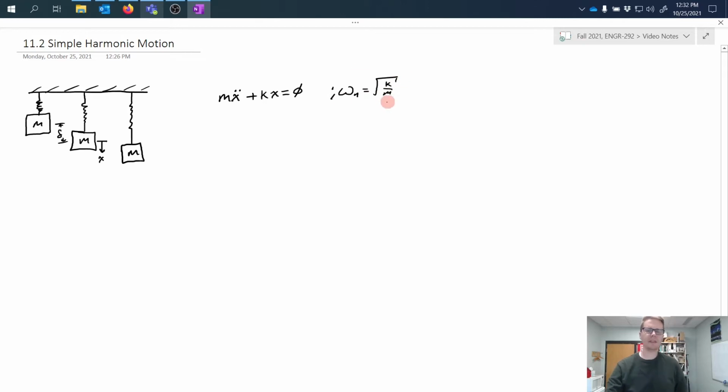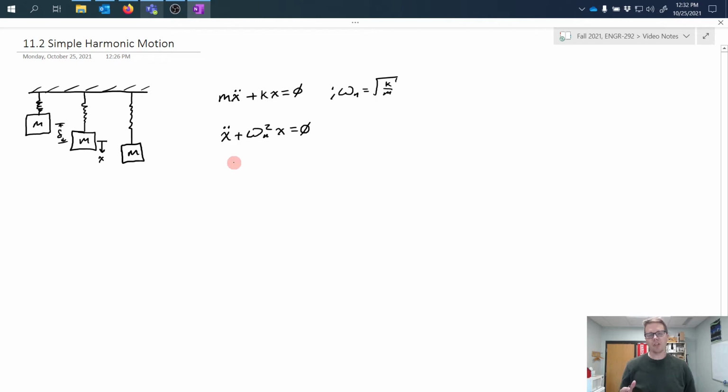If I define this variable omega n, I can rewrite my differential equation as x double dot plus omega n squared x equals 0. This is what we would call the standard form of the differential equation representing simple harmonic motion.